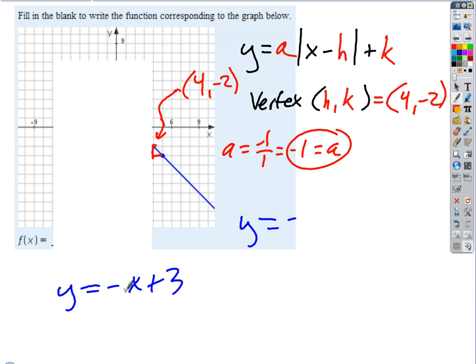So negative absolute value of x minus 4. Remember that? That's the weird one. You subtract the amount that it slid to the right. And then plus -2, which we'd write as just minus 2. That's our answer. Questions? Good? Okay.